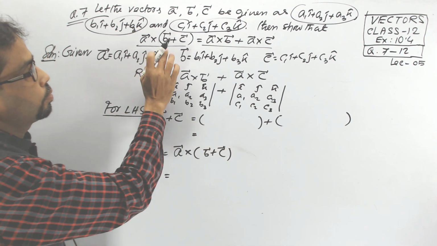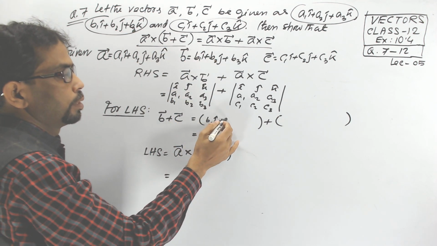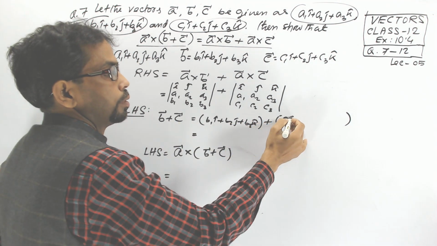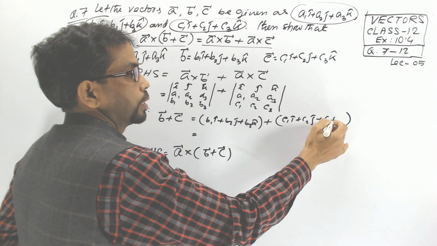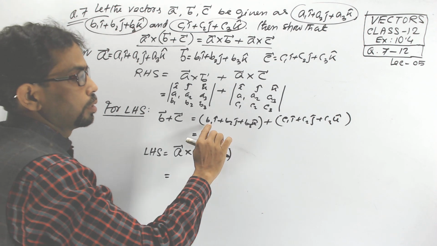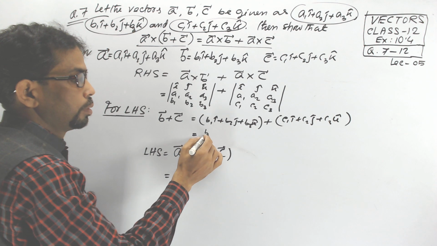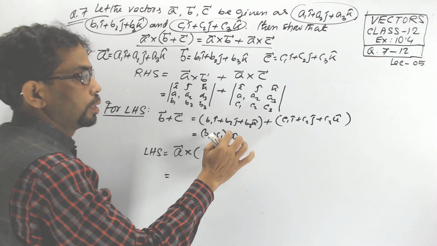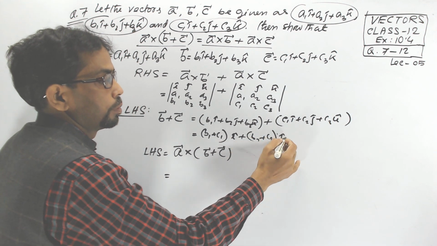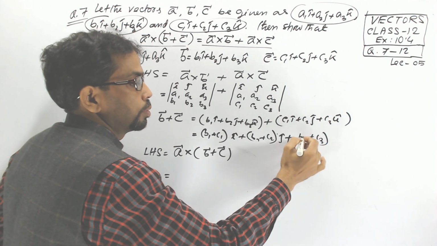For the LHS, we first have to find B plus C. B is B1 i, B2 j, B3 k, and C is C1 i, C2 j, C3 k. We add the corresponding terms, i with i: it will be (B1 plus C1) i, then (B2 plus C2) j, and (B3 plus C3) k.